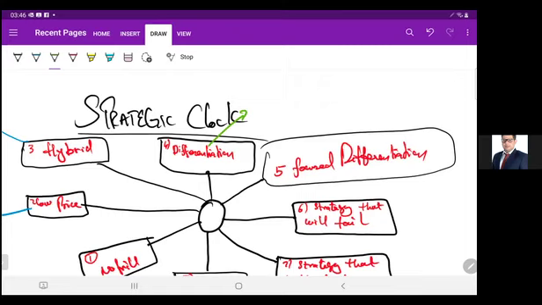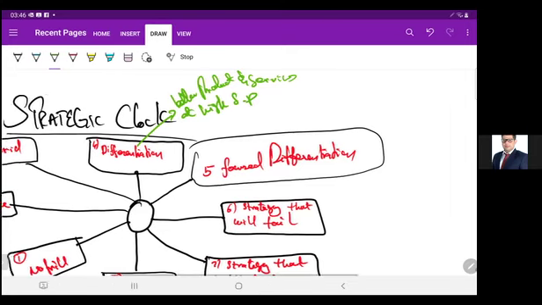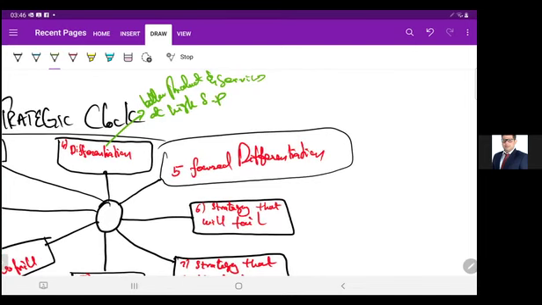The offering: better product and services at high selling price. Products and services need to be targeted carefully if customers are going to be willing to pay a premium price. Then we have focused differentiation.